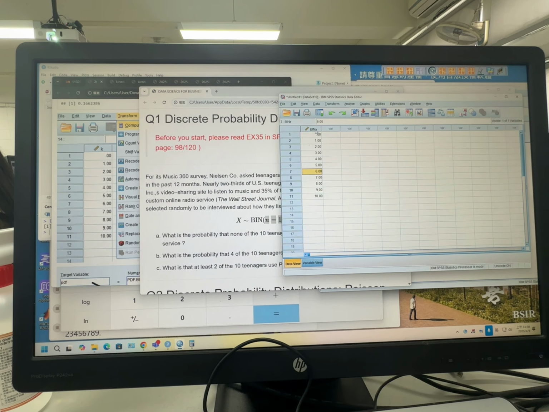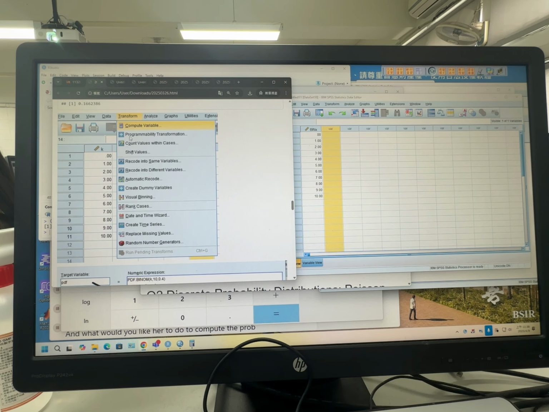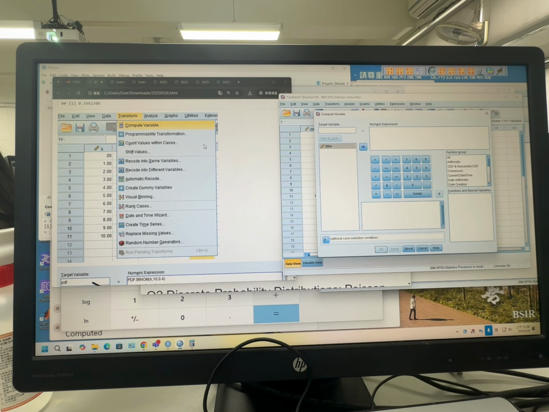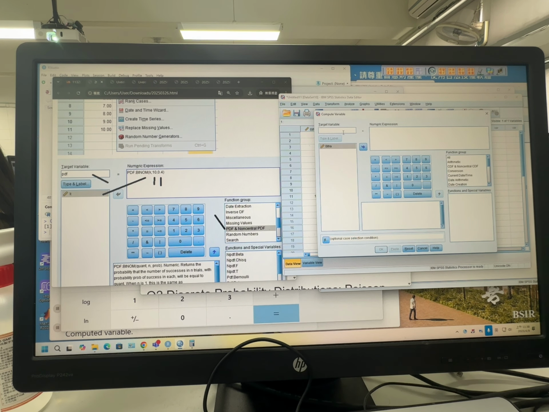And what would you like to do to compute the probability? I want to compute the probability, so in Transform, Compute Variable. And this one is the PDF.BINOM, that's a binomial distribution. So get the target variable name, and you can specify the function with the PDF, computing the probability here. Okay, and the family is the binomial.